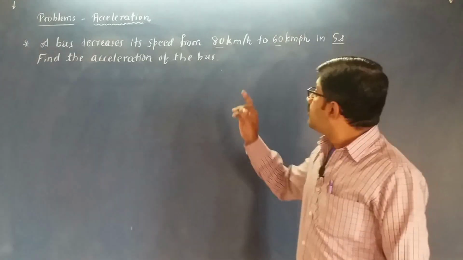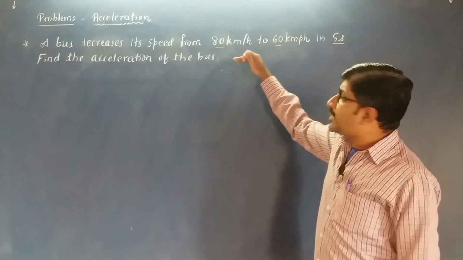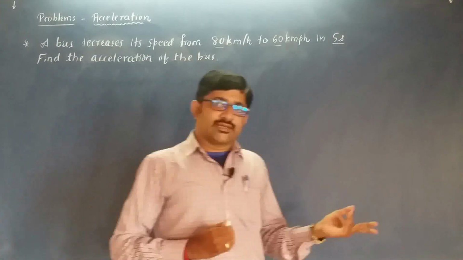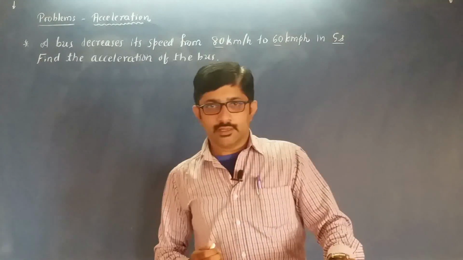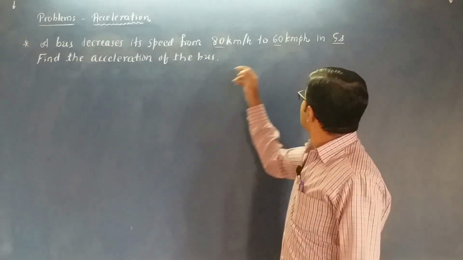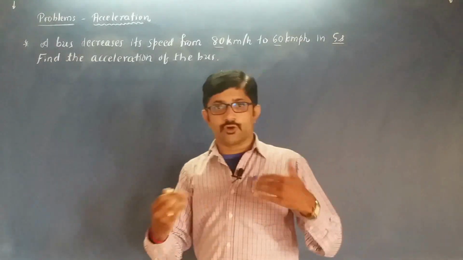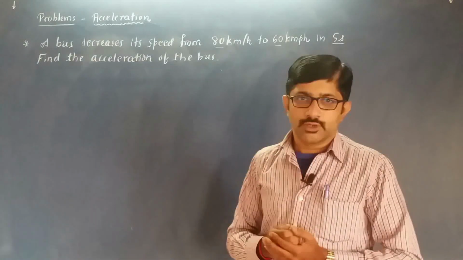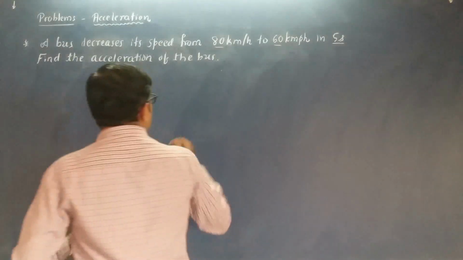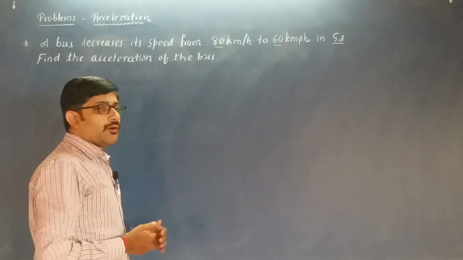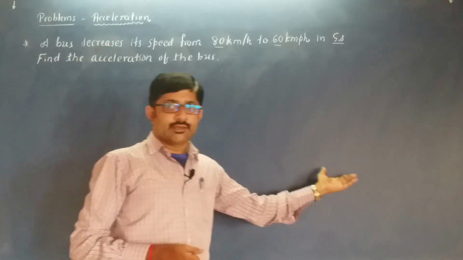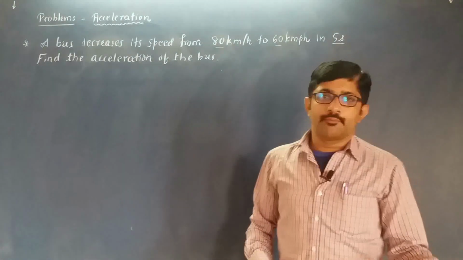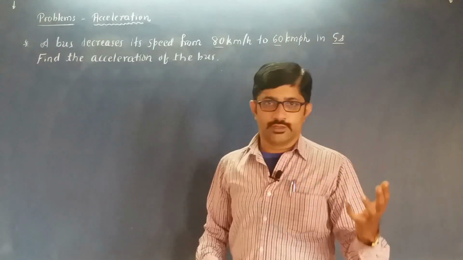Okay, so here the speed is in kilometer per hour. You take it in terms of meter per second, or you convert the time, whichever method suits you, follow that. It is better to convert kilometer per hour into meter per second, and we will write the acceleration in meter per second square only.